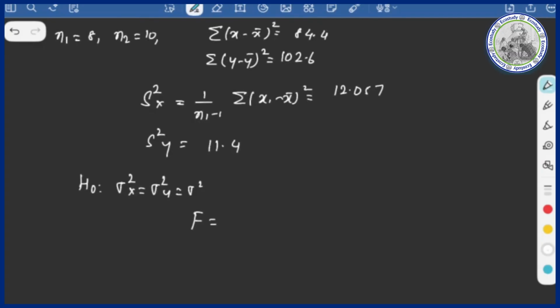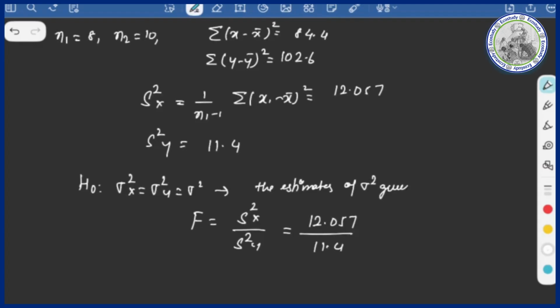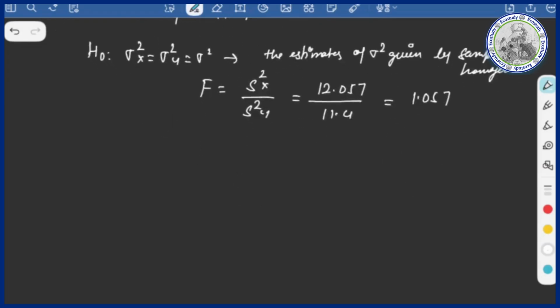So the test statistic is S square x upon S square y, that is 12.057 divided by 11.4, that is 1.057.